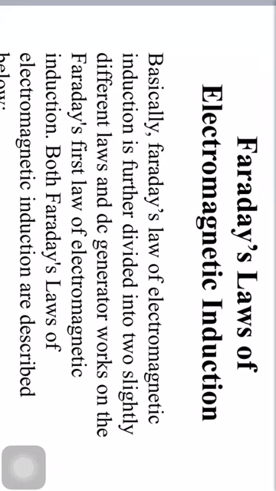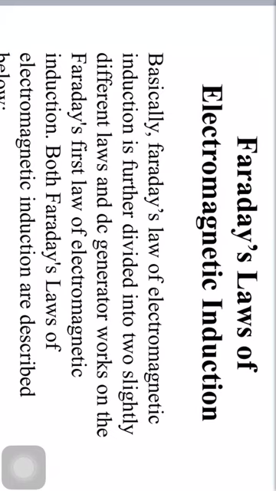So basically Faraday's laws of electromagnetic induction, it states that, and Faraday's laws of electromagnetic induction are again divided into two laws. The DC generator works on Faraday's first law of electromagnetic induction.